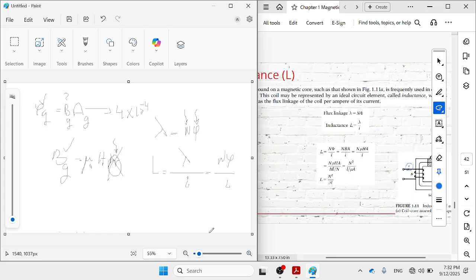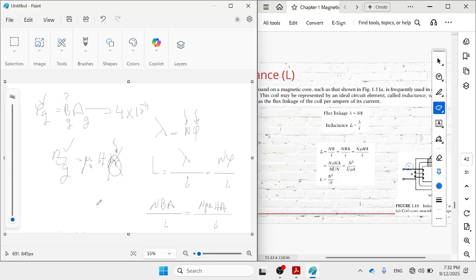Phi is BA, correct? So let's represent phi as BA. So it's N BA over I. Then again, we know B equals mu H. So on behalf of B, we can write N mu H A over I, correct?